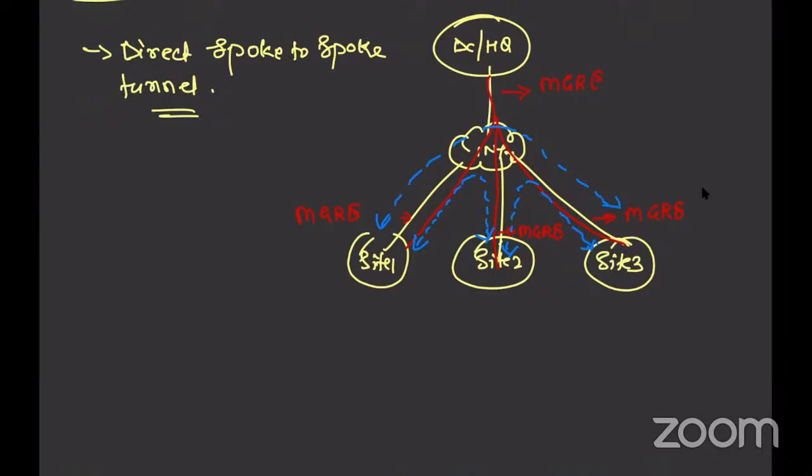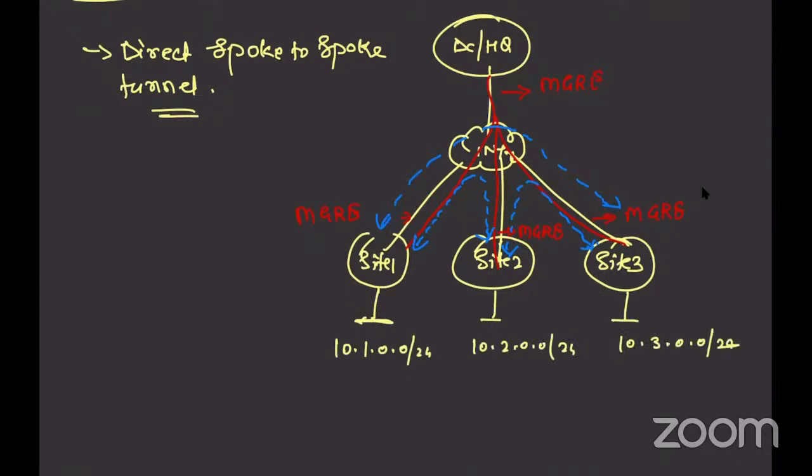Now, there is one more concept or issue here: the routing protocol that you are going to run. For example, each site has subnets, like 10.100 and 10.200, which are behind that site, and they need to talk to each other.